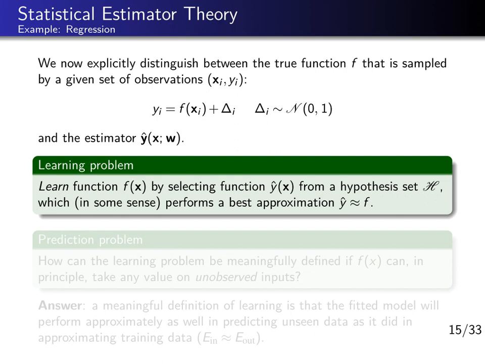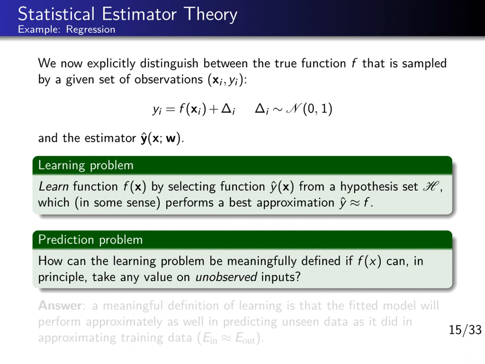So first of all, we learned the function f by selecting a function y hat from a hypothesis set. So we have a certain set of functions that we can represent, for example, by doing a linear combination of feature functions. And we approximate f by searching our hypothesis set for the function y hat that is closest to f.